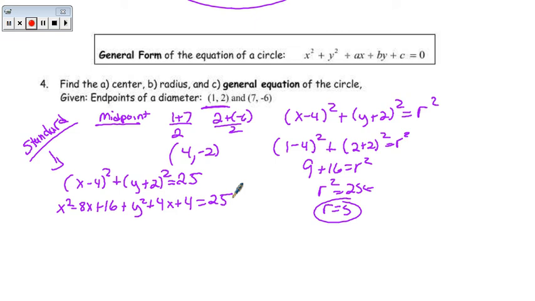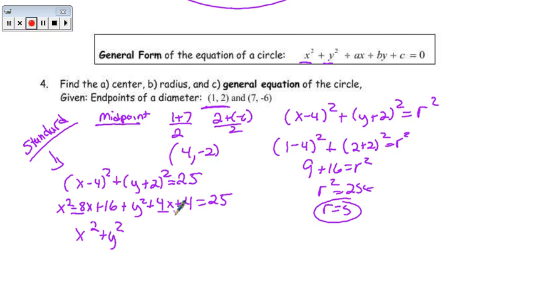Now we're going to start to combine all like terms here, and we wind up with x squared plus y squared. Next is the x term that we're going to follow.